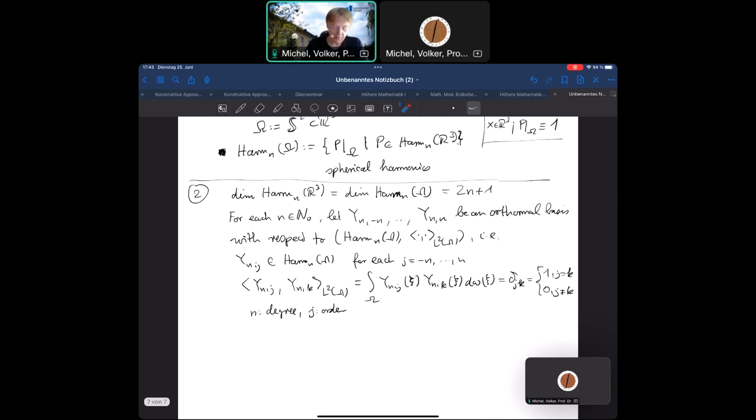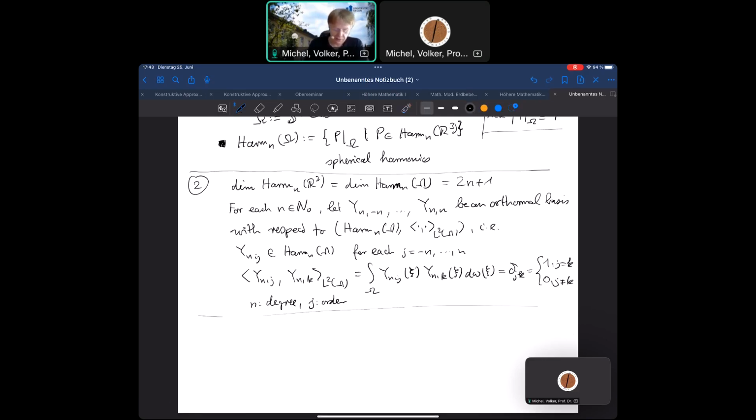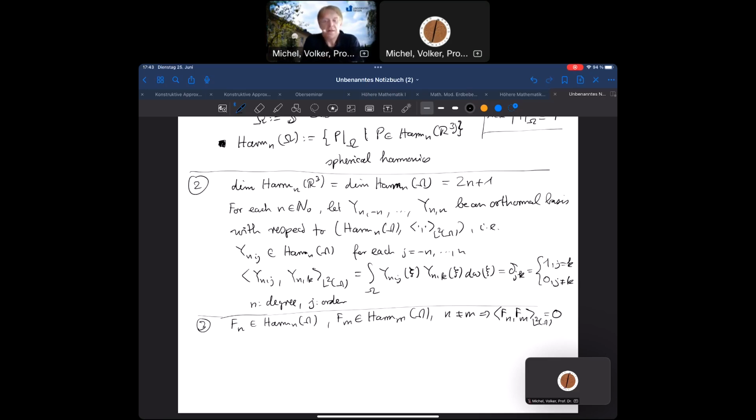Now, there's something very interesting. Again, I will not prove that. Namely, if you have two spherical harmonics, let's call them Fn and Fm, so one is a spherical harmonic of degree n, the other one is a spherical harmonic of degree m, and the degrees are different, then one can show that they are orthogonal to each other. Now this is very nice.